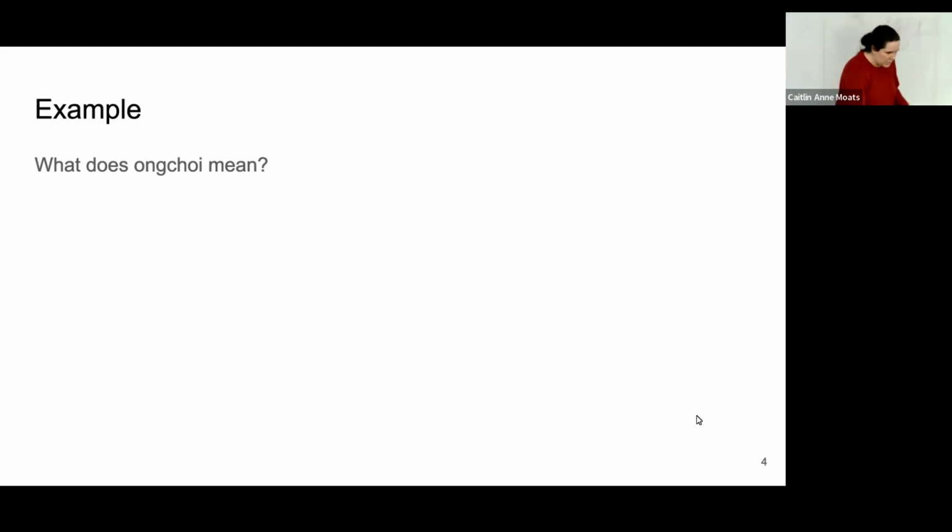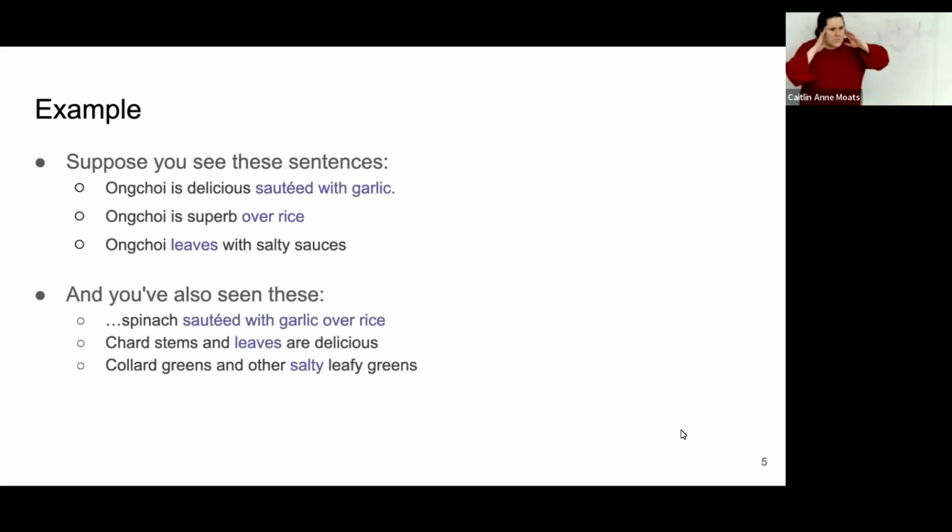Well, if we don't know, we're not sure, but suppose that we have these sentences that we can read. Perhaps ong choi is delicious sauteed with garlic. Ong choi is superb over rice. Ong choi leaves with salty sauces. So just a collection of phrases from some data.